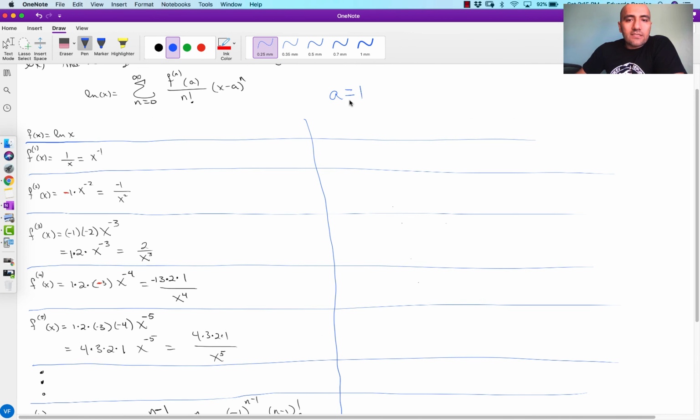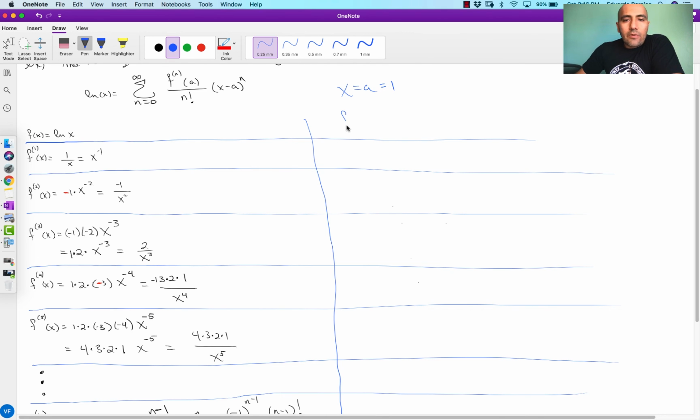So a for us equals 1, and we want to find the nth derivatives evaluated at each one of these values. So for the first one, we're just going to get ln of 1, right? Replacing that value with a equals 1, so x equals 1.